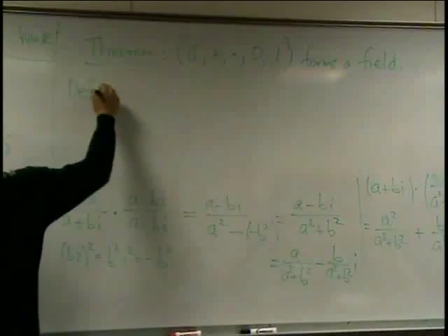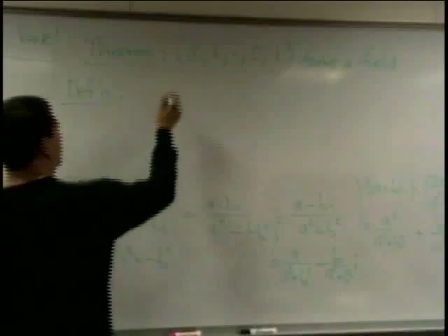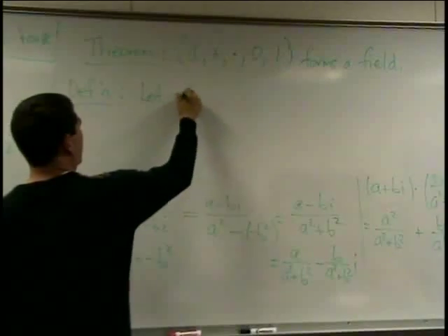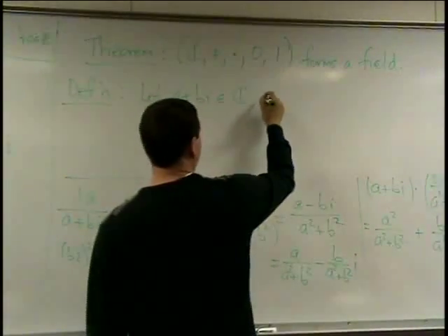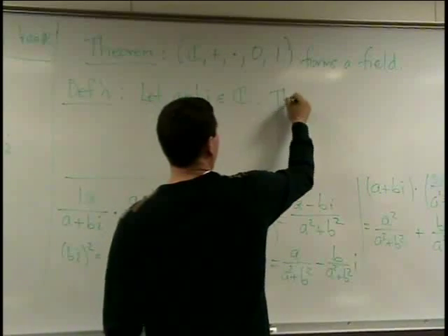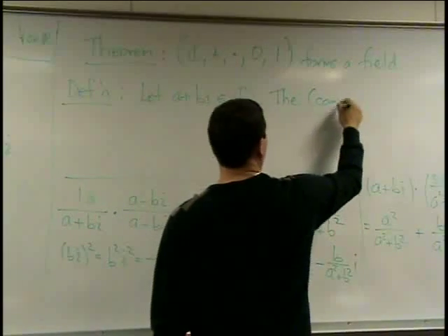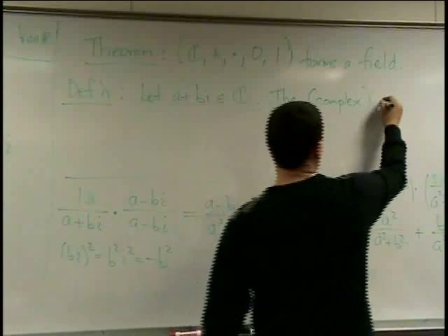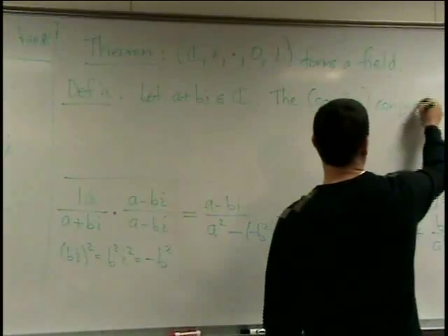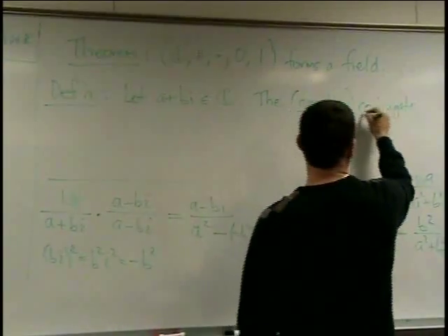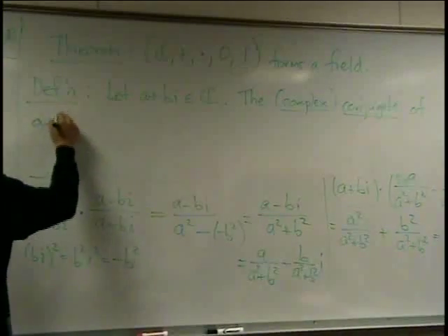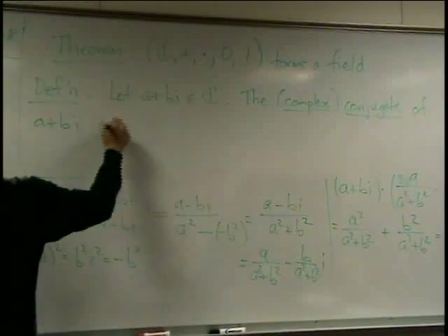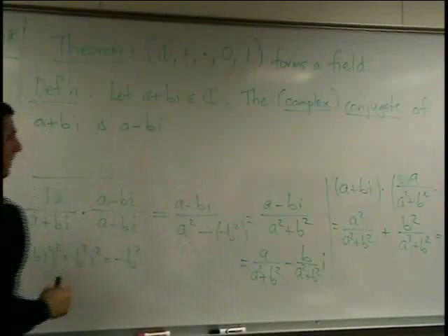So let me define that. If we let a plus bi be a complex number, the complex conjugate of a plus bi is a minus bi.